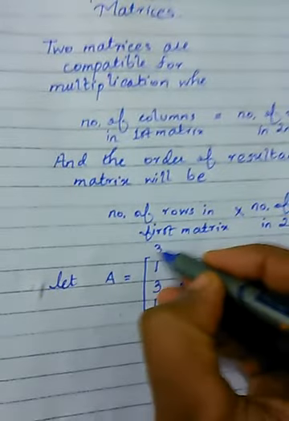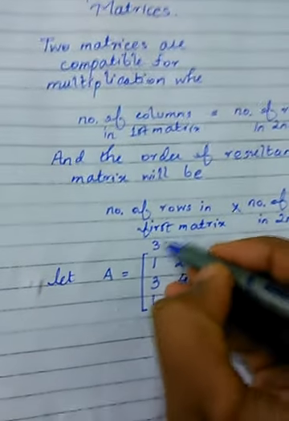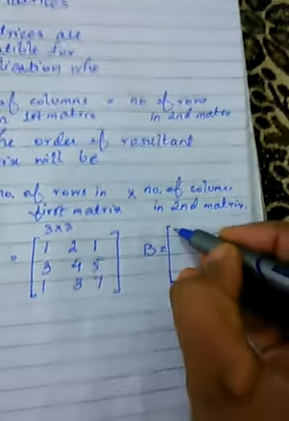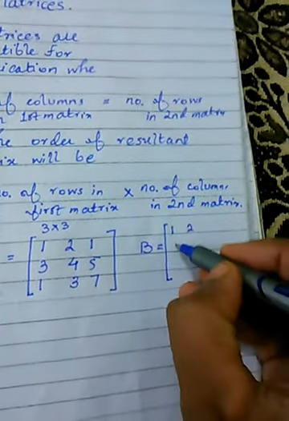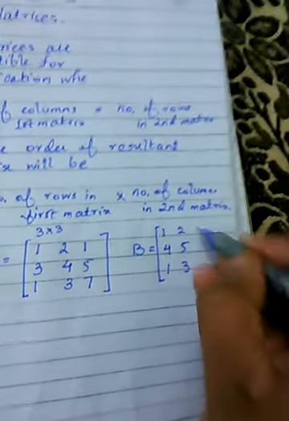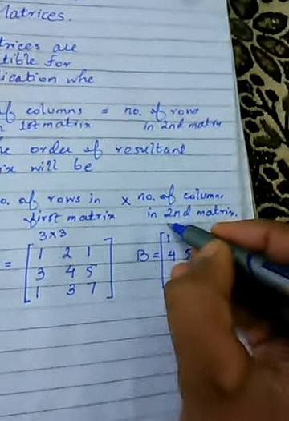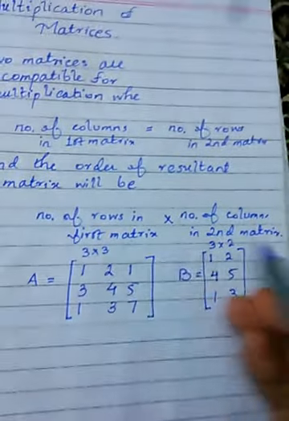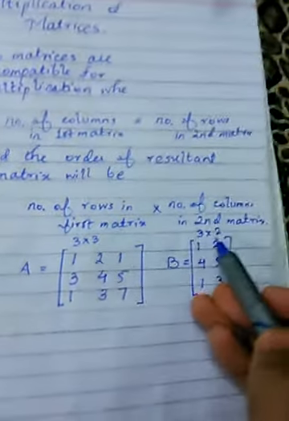And we have another matrix, suppose B, which has order 3 cross 2: 1 2, 4 5, 1 3. Order of A is 3 by 3, order of B is 3 by 2.